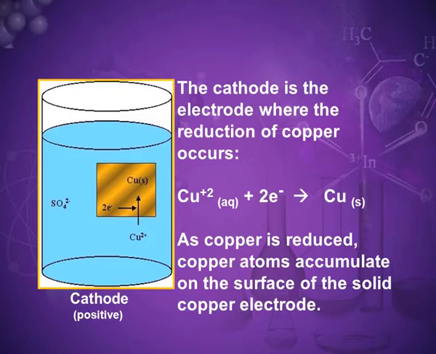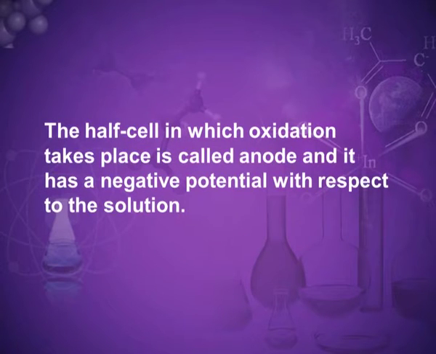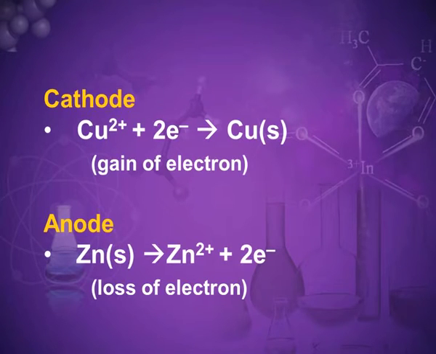Copper ions will gain 2 electrons and they will be reduced to copper. These 2 electrons which are gained by the copper will be lost by the zinc. The other half cell in which reduction takes place is called cathode, and it has a positive potential with respect to the solution. Now you can see the 2 reactions. The one reaction is taking place at cathode and the other reaction is taking place at anode.